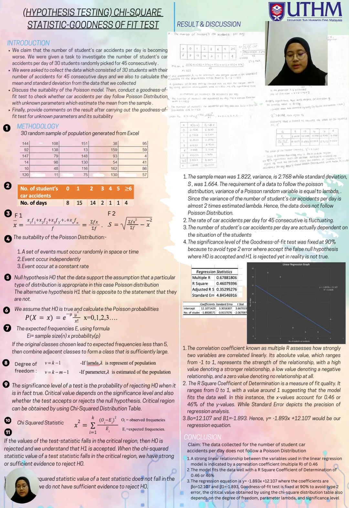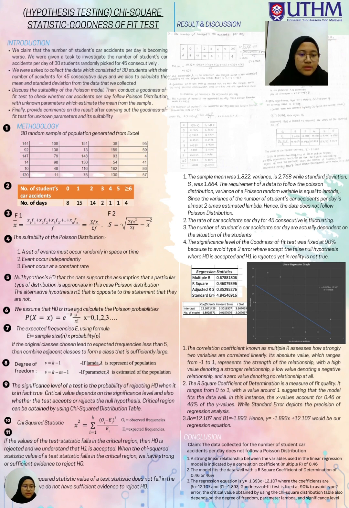If the chi-square value is greater than the critical value, then we reject H naught. For example, to calculate the critical value, if the degree of freedom is equal to 3 and the significance level of the test is 90%, then the critical value is 0.584.